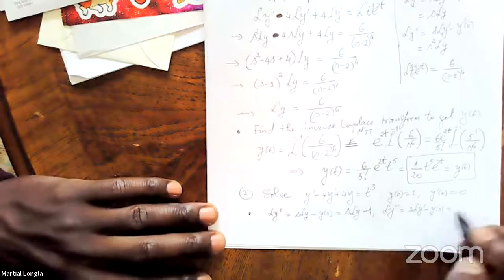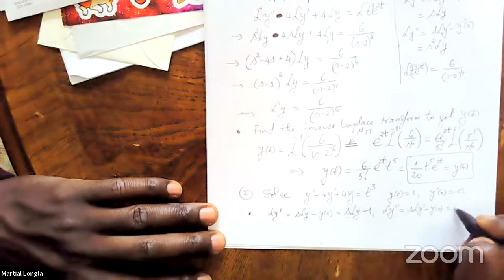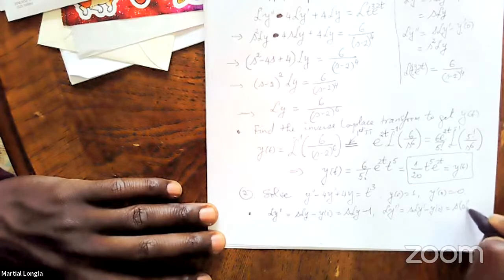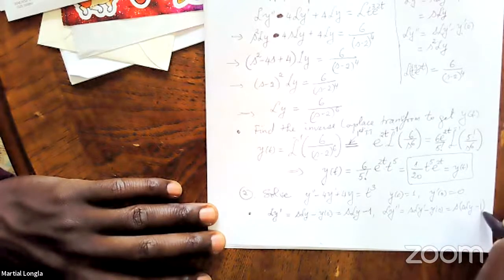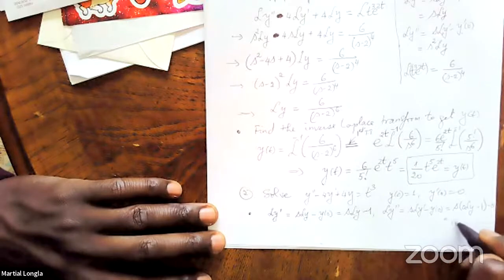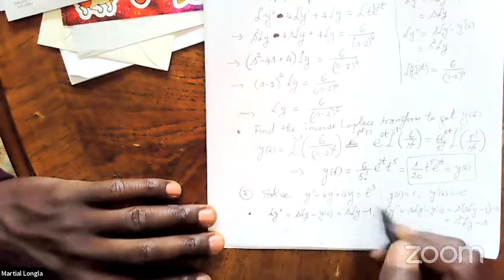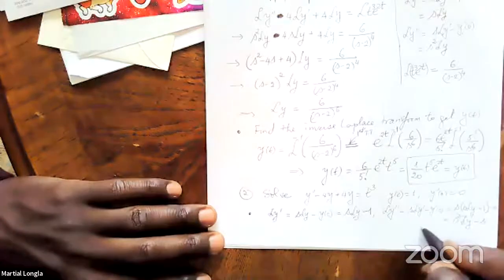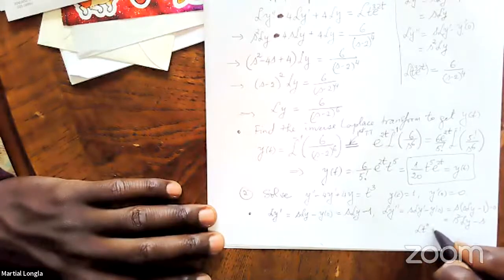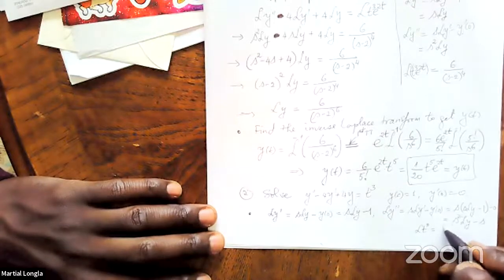And the Laplace transform of y prime is that. And then y prime of 0 is 0. So this is s squared Laplace transform of y minus s. And then what's the Laplace transform of t cubed? It's 6 over s to the 4th.